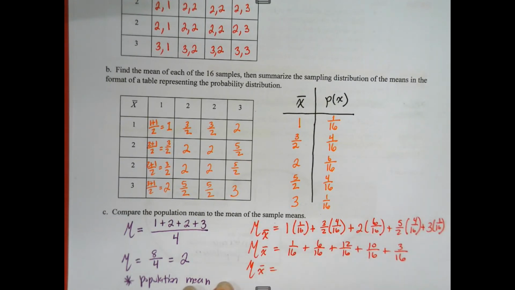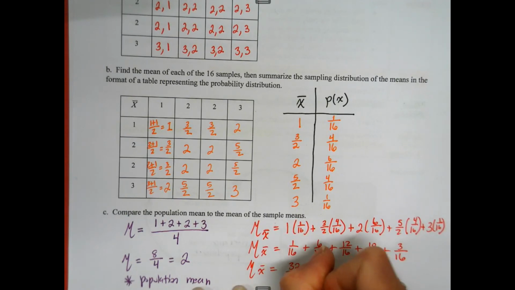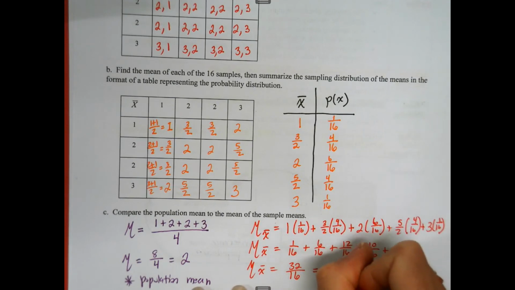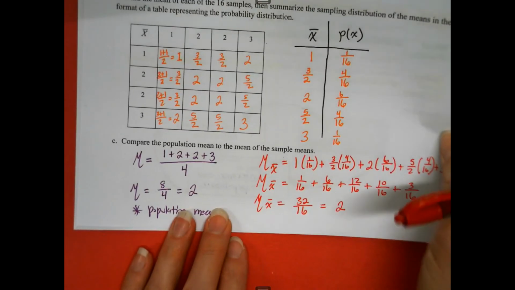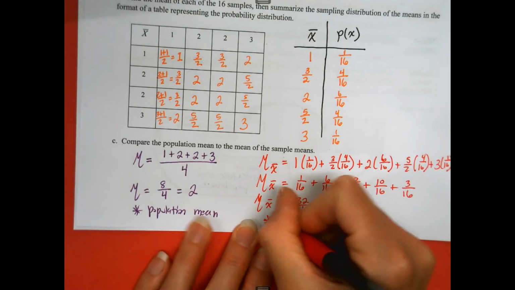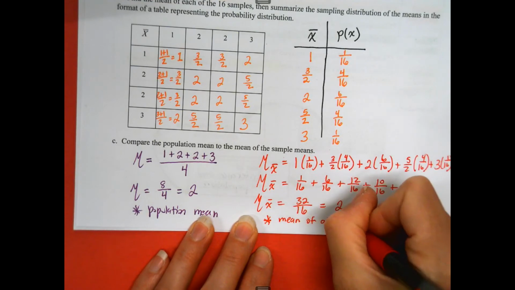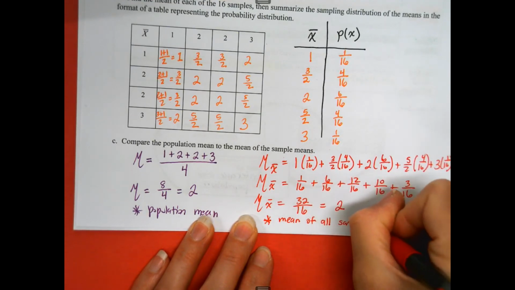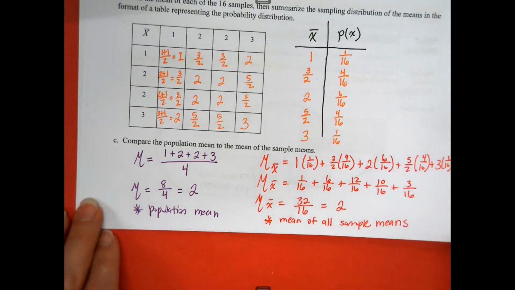And that gives us 32 out of 16, which is 2. This is the mean of all sample means.